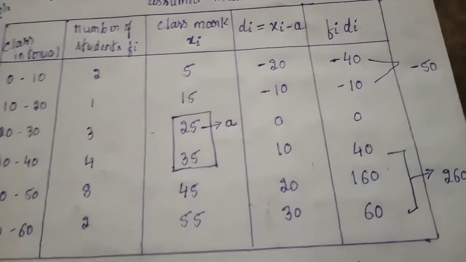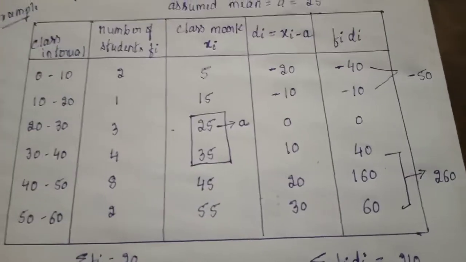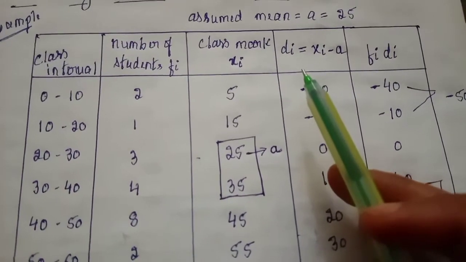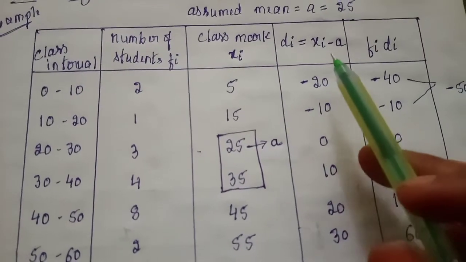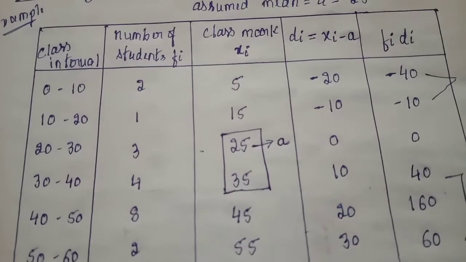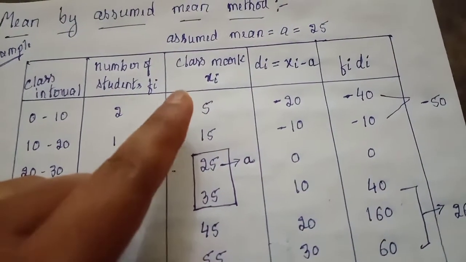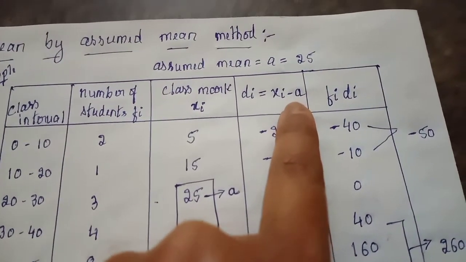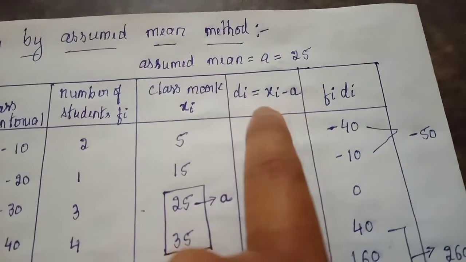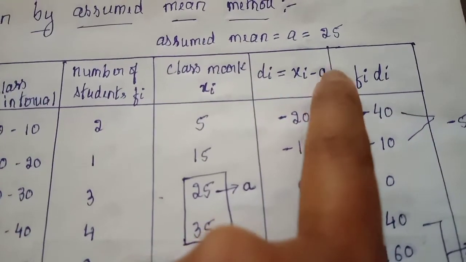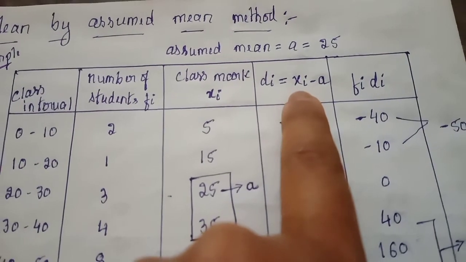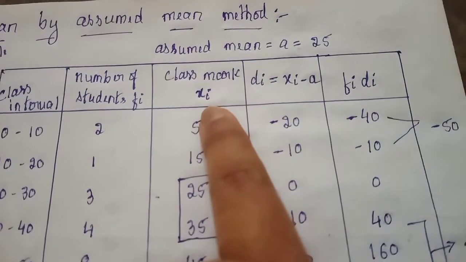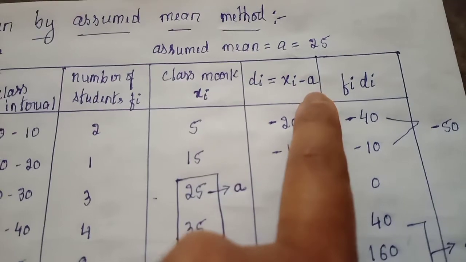Then what are the new columns here? Concentrate. di. What is di? di is nothing but the deviation. di equals xi minus a, where xi is the class mark and a is the assumed mean.